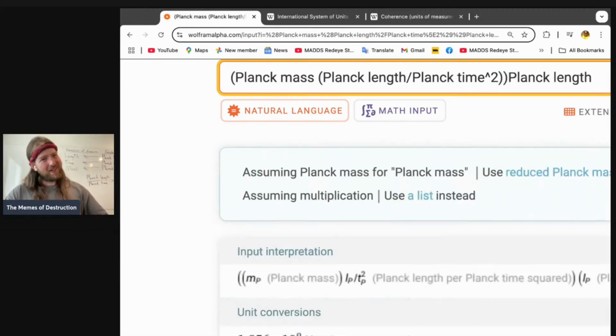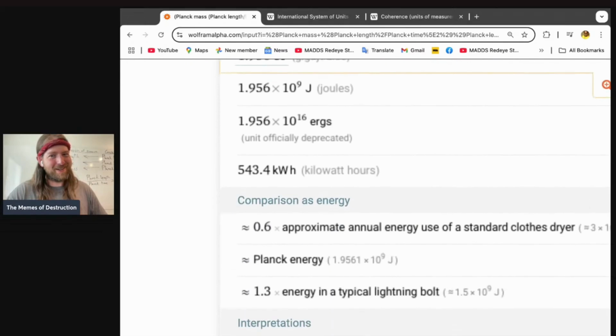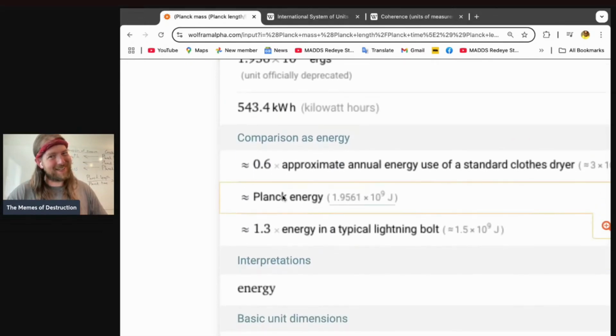For those of you that might be more physically inclined, you may notice we've got a mass and a length divided by time squared. If we add another length in there, oh wait, that ends up being c squared. Oh, so force times distance equals energy. Oh, looky, Planck energy. We're in the right dimensions.